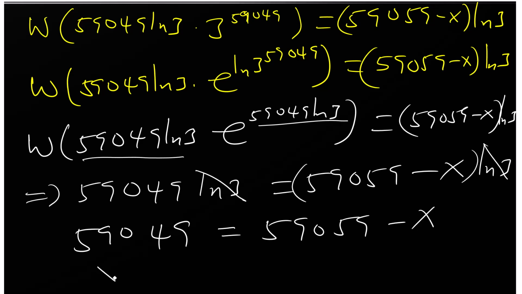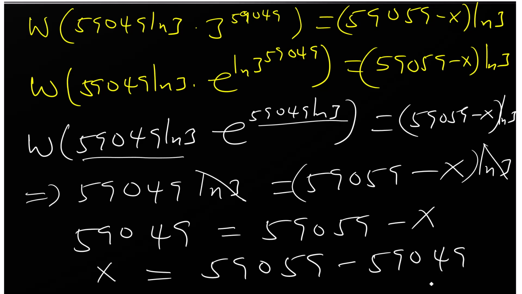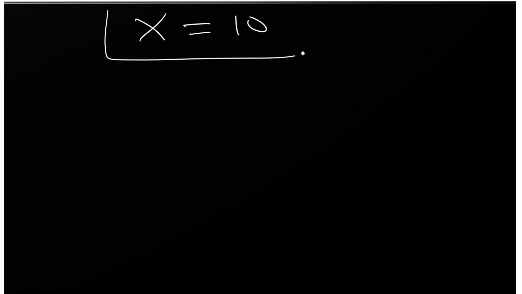So it's the same as x equals 59059 minus 59049. So the answer is 10. Okay, so x is 10. So my final answer is 10. Alright, so that is that.